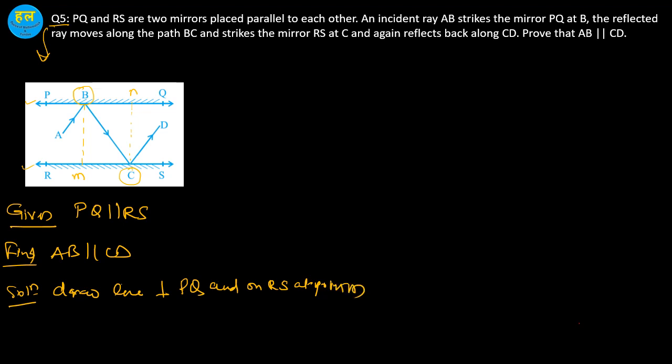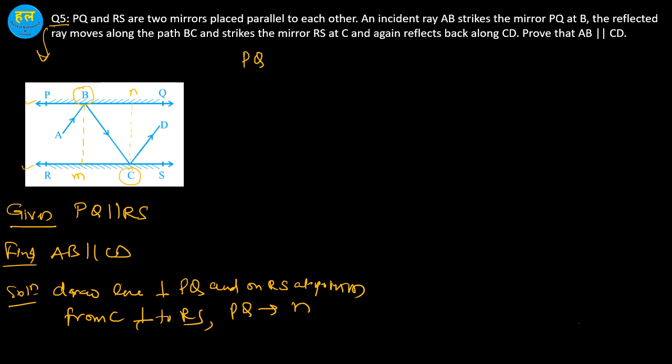Similarly, draw a line from C perpendicular to RS and on PQ name it N. Okay, so these will be our two imaginary lines.